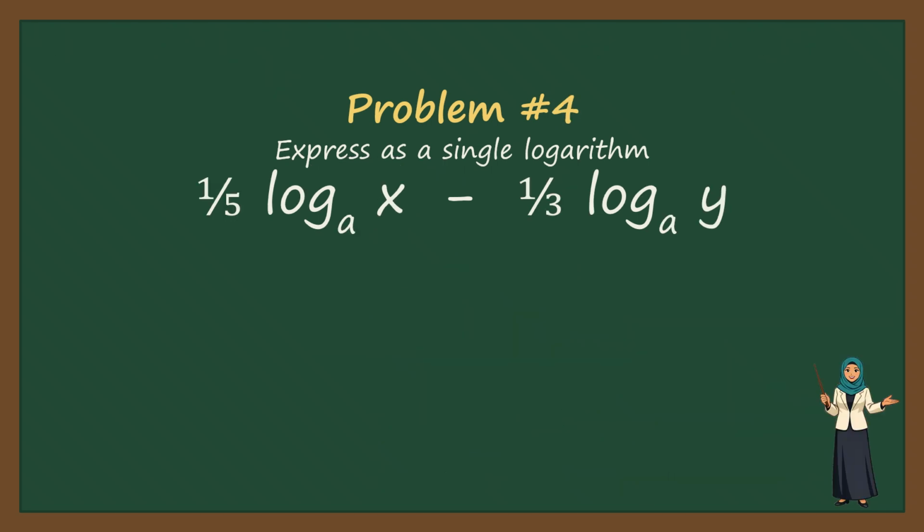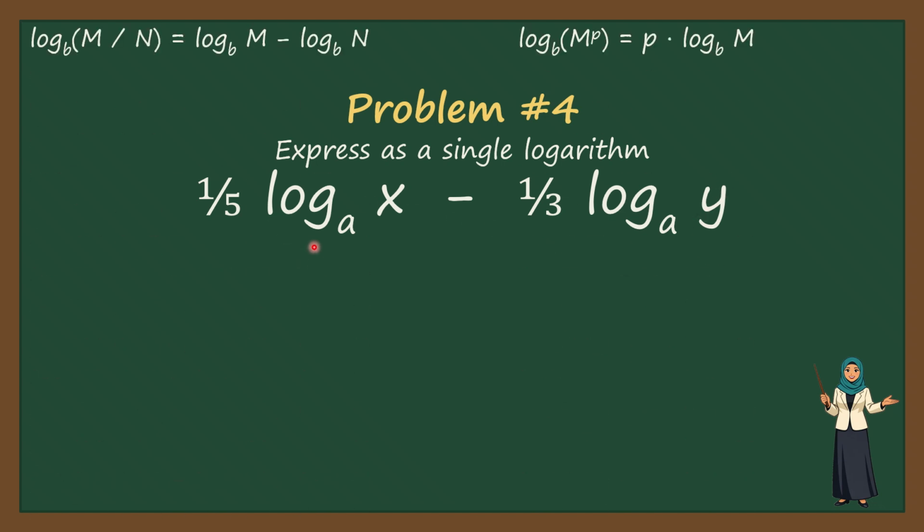Now let's look at problem number 4. We want to express again as a single logarithm. So we have 1/5 log base a of x minus 1/3 log base a of y. So this time we're going to use the same methods that we used the first time. We're going to use the power rule, and we're going to use the quotient rule.